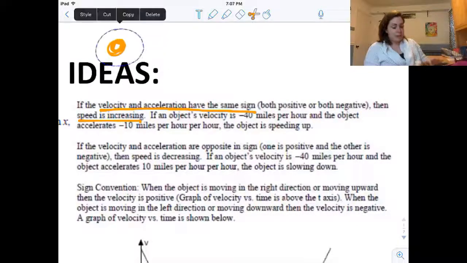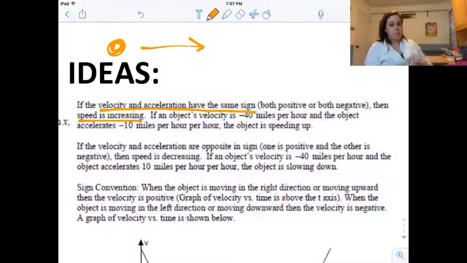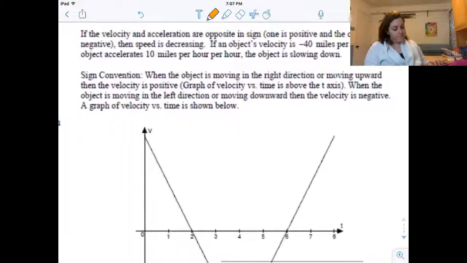But if he's moving in this direction and his acceleration is going the opposite way, he's actually going to wind up slowing down, because there is no such thing as decelerating. Decelerating is a result of accelerating in the opposite direction. So that's something you just need to be mindful of. Anytime your signs match, either both positive or both negative, speed will increase. If they don't match, speed will decrease.